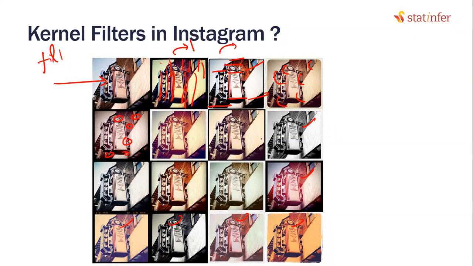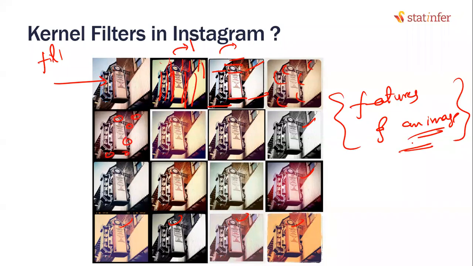I want to learn all the features of an image. From all the images, we would like to learn all the features. Once you have the features, the job is done. By looking at these features, you can tell. Don't you think a cat has very different features compared to a car, compared to a table?